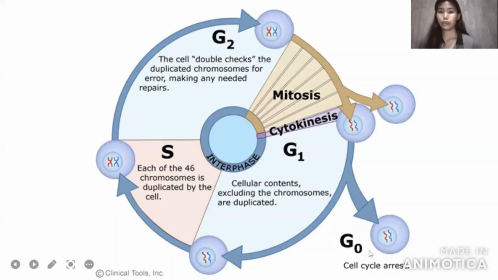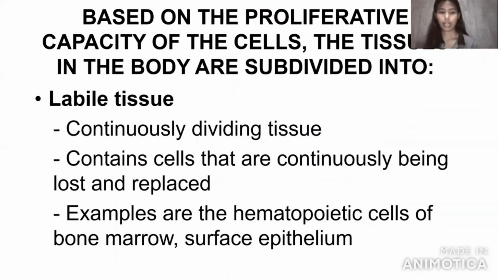The G0 phase is a resting phase, or cell cycle arrest. They are still performing cell function, but they are not dividing. This may be temporary, and some may be permanent. Based on the proliferative capacity of the cells, the tissues in the body are subdivided into three parts.